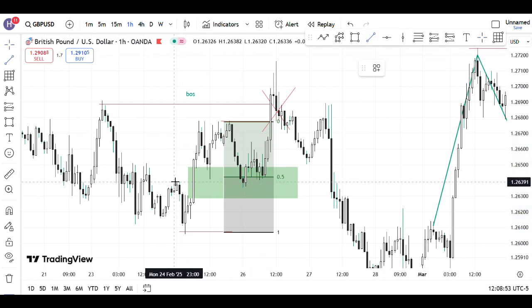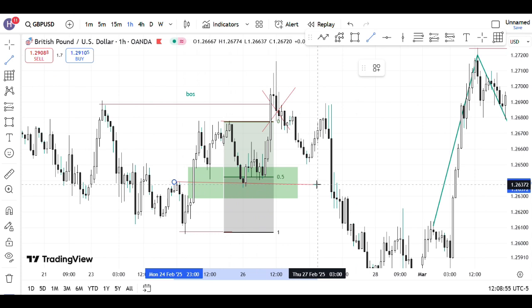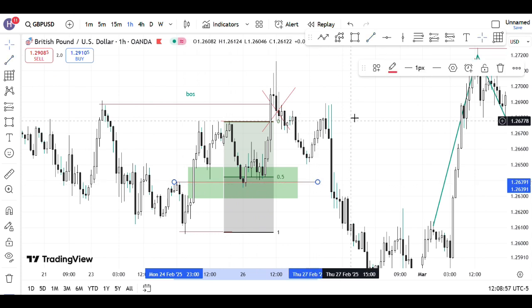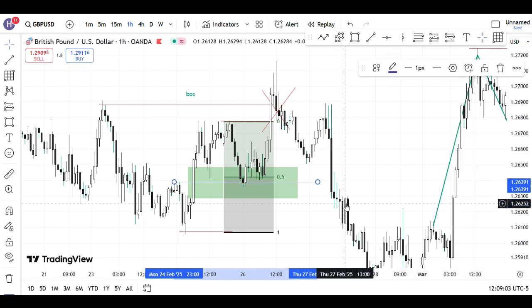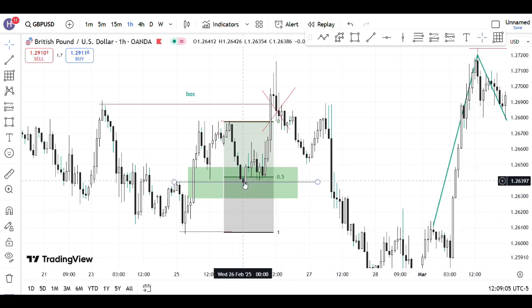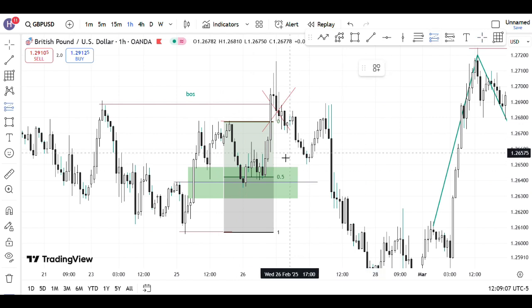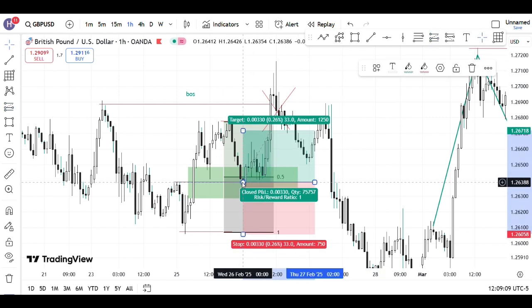So where is our entry level? This one, we will demarcate from here as our entry level. So we can mark a long entry from here.